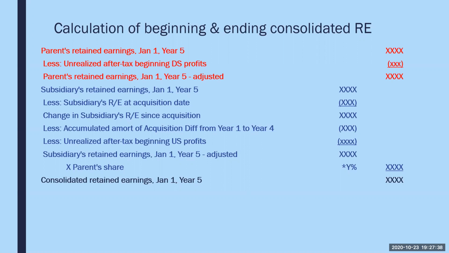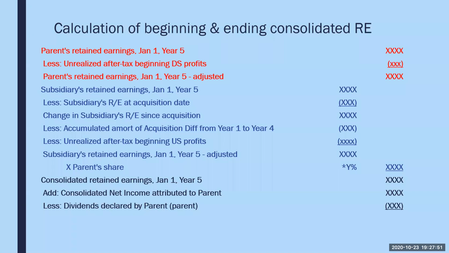In a similar vein, if you have the beginning consolidated retained earnings, add consolidated net income that is attributed to the parent company, and subtract dividends declared by the parent company, and you get consolidated retained earnings at the end of year five.